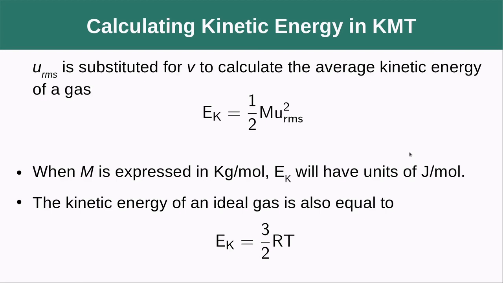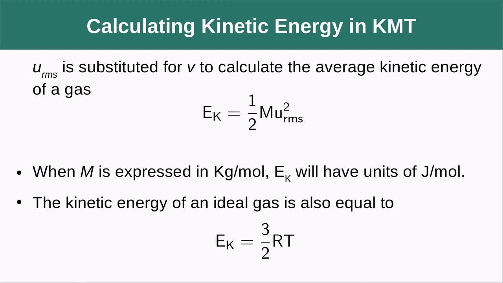URMS is substituted for v to calculate the average kinetic energy of the gas. So we can plug it in there, and we can get the average kinetic energy of that gas, and that's how I was saying it behaves like an average. When M is expressed in kilograms per mole, the kinetic energy will have units of joules per mole.